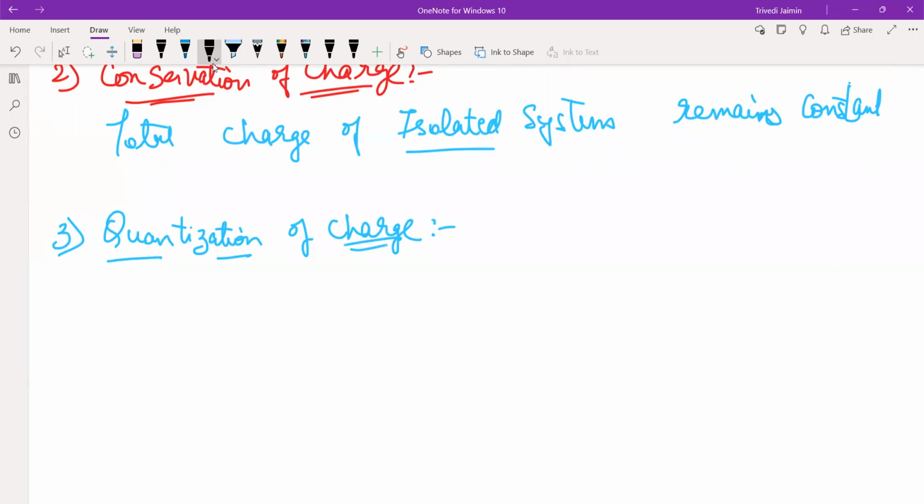Quantization means it is an integral multiple of it. So I think you know this formula, Q equals to NE. Yes, sir. This is called quantization of charge. So plus minus NE.